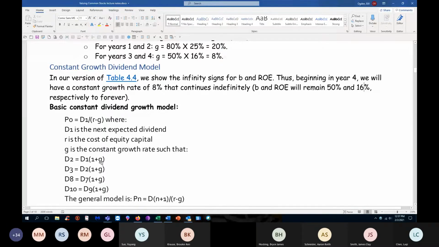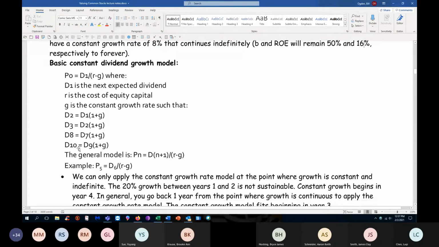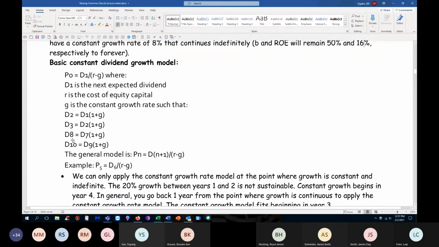It's a factor of 1 plus G. So D1 times 1 plus G is D2. D3 is D2 times 1 plus G. You can jump ahead a bit. D8 is D7 times 1 plus G. D10 is D9 times 1 plus G.